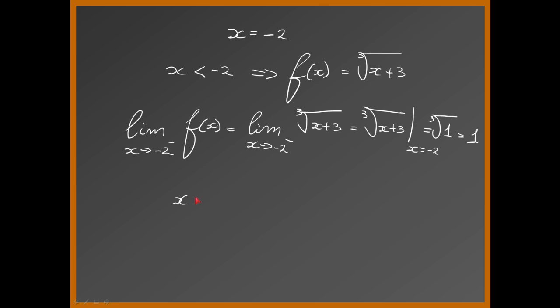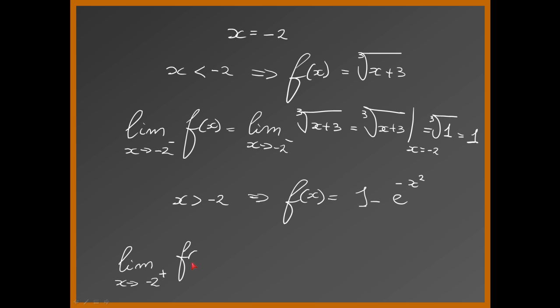When x is greater than minus 2, the function f of x will be equal to 1 minus e to the minus x squared. This means that the limit as x approaches minus 2 from the right of f of x is equal to the limit as x approaches minus 2 of 1 minus e to the minus x squared.